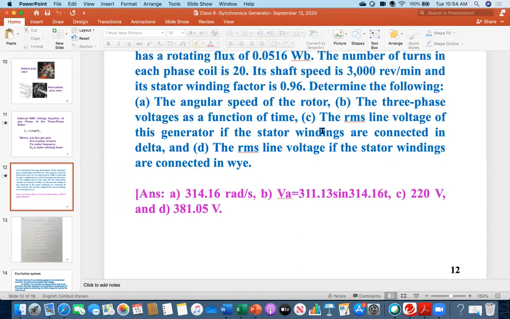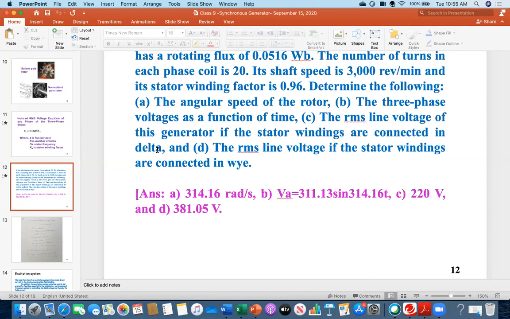Now you see, because this is a three-phase system, stator windings could be connected in delta or Y. Always, as we discussed in the previous chapter on induction machines, and in the very first chapter, if it is a three-phase system, it could be delta or it could be Y. So question C and D: what is the RMS line voltage if the stator windings are connected in delta, and the same question, what would be the line voltage if the stator windings are connected in Y?